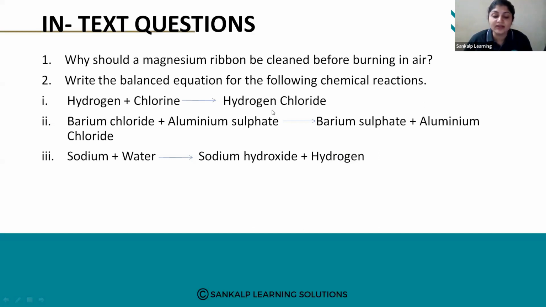So in order to prevent further reactions with oxygen, it is necessary to clean the ribbon to remove the layer of MgO. So why should it be clean? Because in air, oxygen is present. So Mg reacts with oxygen and forms MgO.